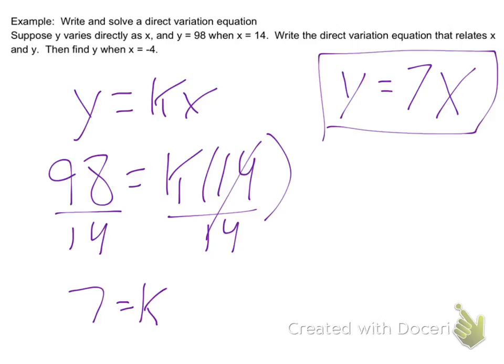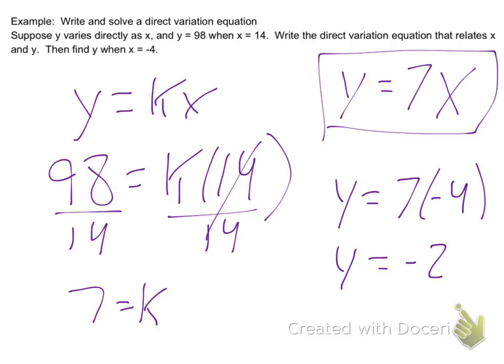From here, guys, we can solve for x or y if I'm given x or y anytime. In this case, find y if I let x equal -4. So y equals 7 times -4, and 7 times -4 is -28. We need both of those pieces to satisfy this problem. y equals 7x is the equation. y equals -28 when x is -4 is the answer. Questions?